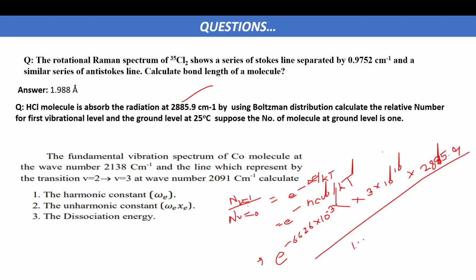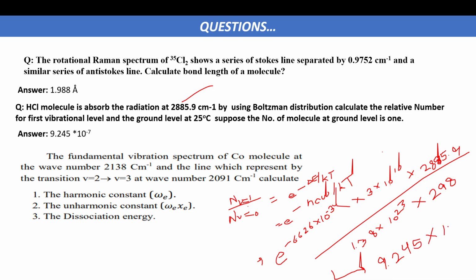We already know it's 1.38 into 10 raised to 23, and temperature is given in Celsius, so convert to Kelvin. So plus 273, that means 25 plus 273 is 298. So just solve, and the answer will be 9.247, so 245 into 10 raised to minus 7. That's the correct answer.